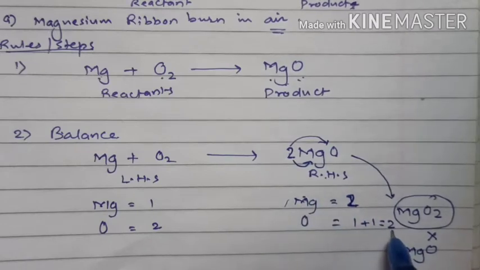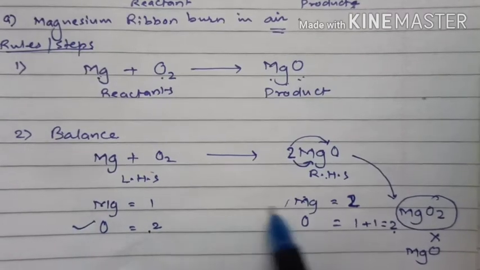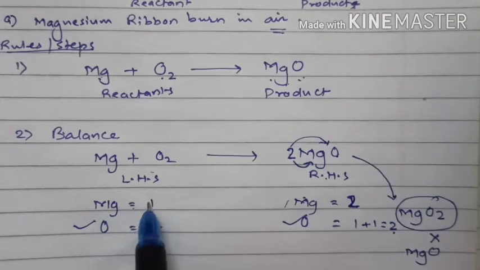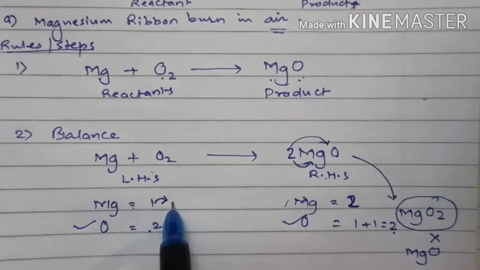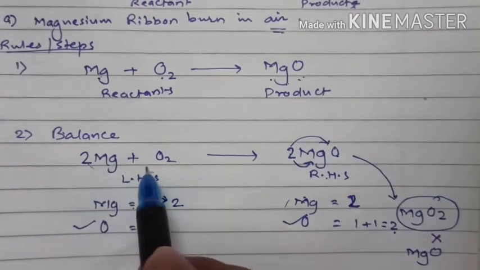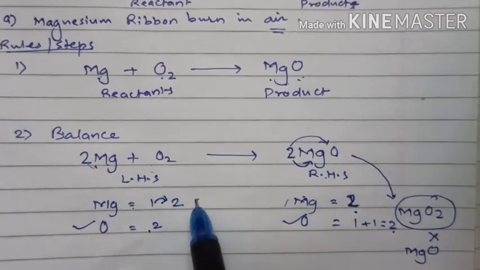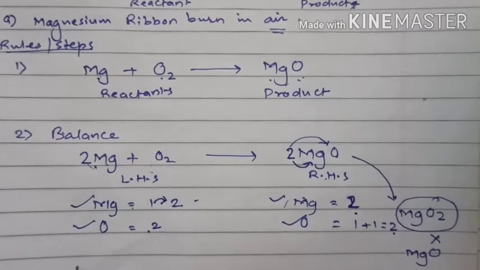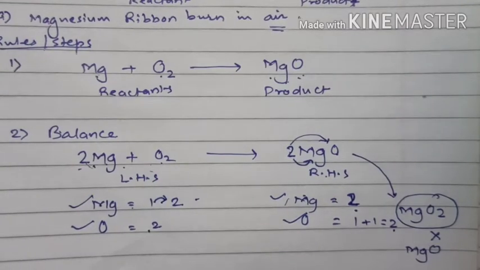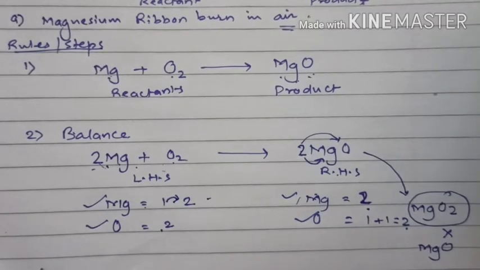On the left hand side 2 oxygens are there, so oxygen is balanced. What about magnesium? Magnesium is not balanced. To increase its count from 1 to 2, we have to add 2 over here. Now 2 magnesium give rise to 2 magnesium, so magnesium is also balanced. So the balanced equation is 2Mg plus O2 gives rise to 2MgO.